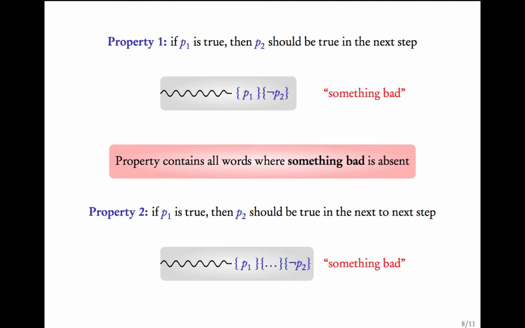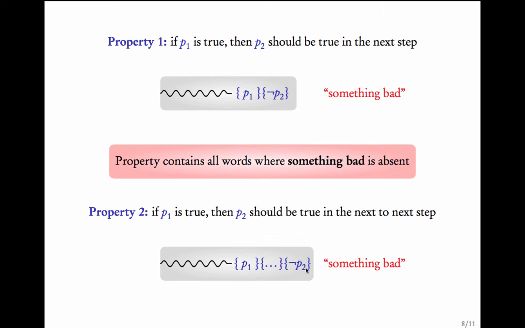For example, this was the set of bad prefixes. All words where there is a P1 followed by a not P2. The property 1 contains all words where this bad prefix is absent. Similarly, property 2 is exactly the set of all words where this bad prefix is absent.